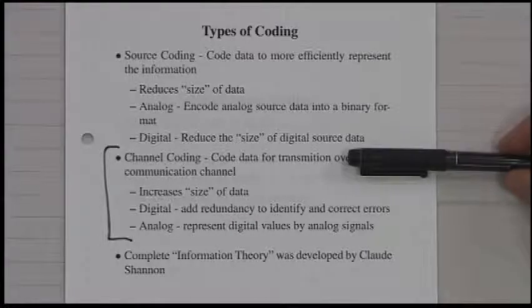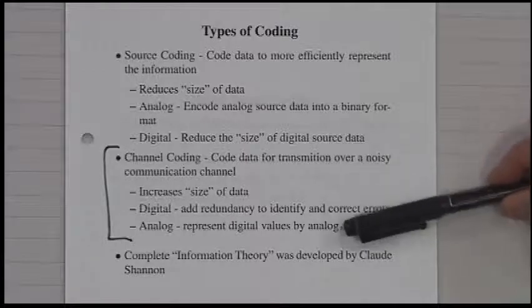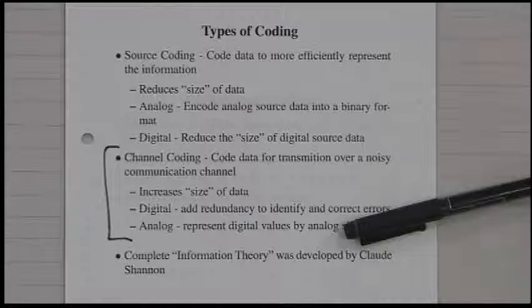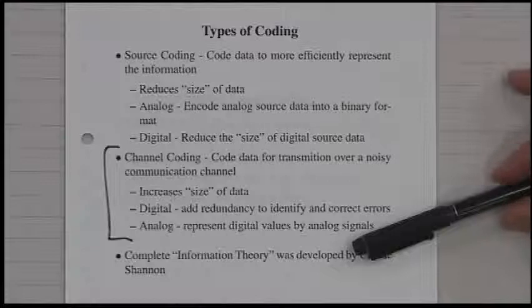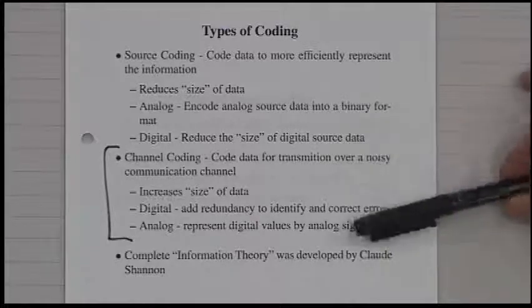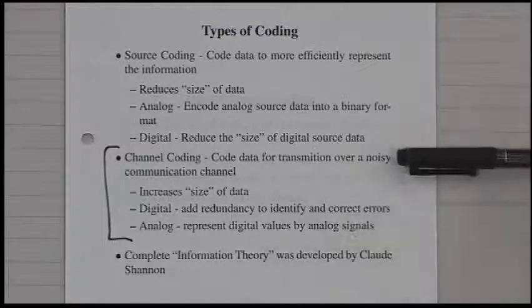In the end, you encode something as a binary file, and channel coding can be both analog and digital. You can have an analog channel or a digital channel. But in both cases, there's some capacity to the channel, which is the amount of information you can send across it with zero errors.